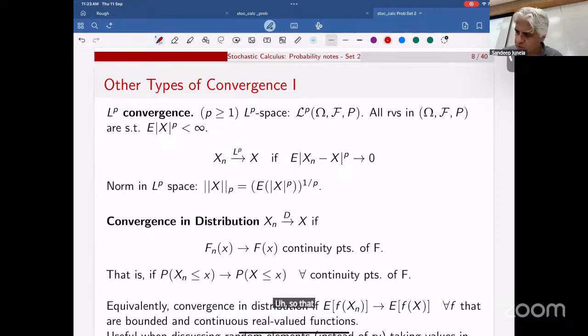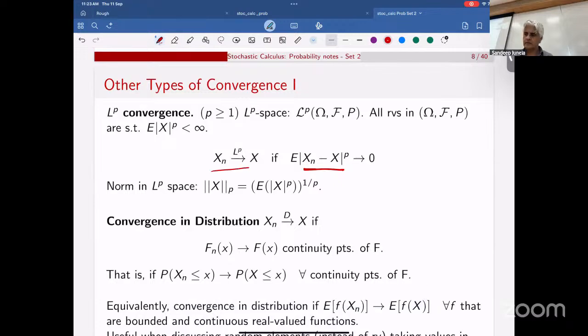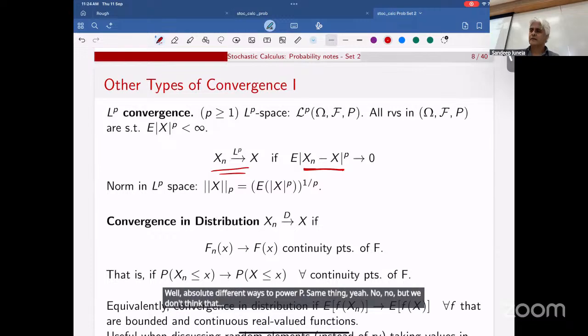So we say Xn converges to X in LP space if the expectation of the absolute difference raised to power p is going to 0. Right? The P norm of the difference? Well, the absolute difference raised to power p. But we don't take the P norm.